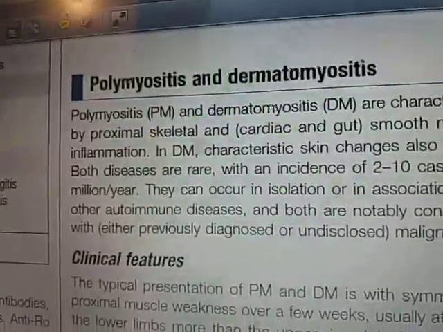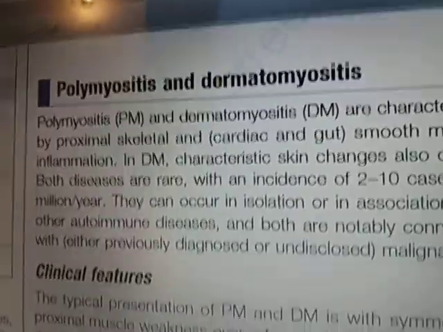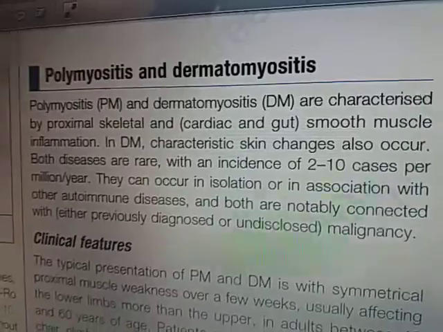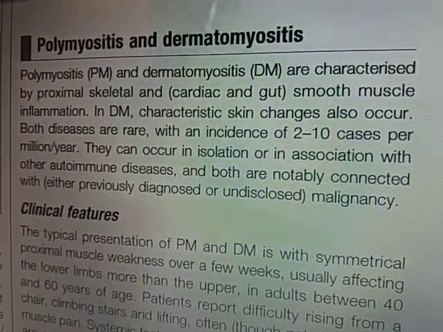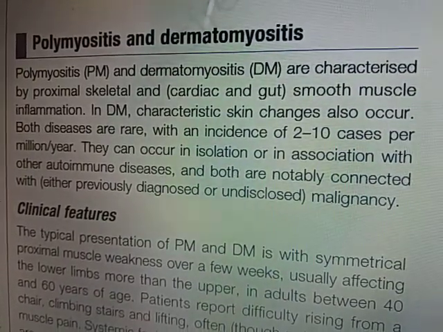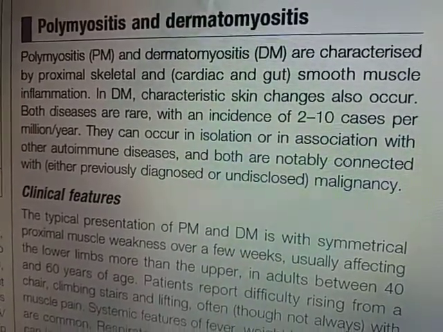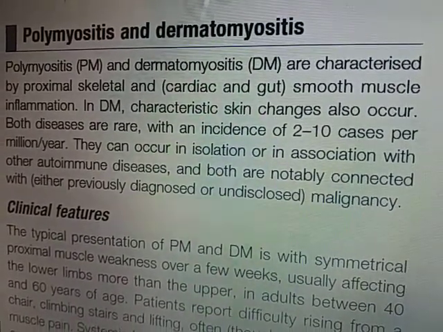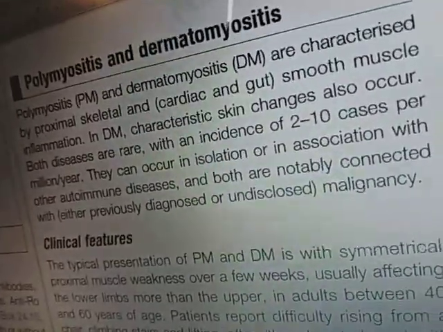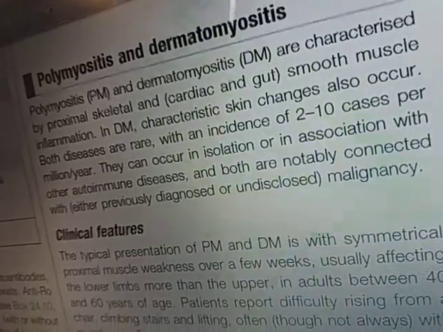Now, another topic, polymyositis and dermatomyositis. Polymyositis is an inflammatory disease of muscles, a non-suppurative inflammatory disease of skeletal muscles. If it is associated with skin involvement, it is called dermatomyositis. So if it is restricted to the muscles, it is called polymyositis, and if we have an additional skin involvement, it is called dermatomyositis.